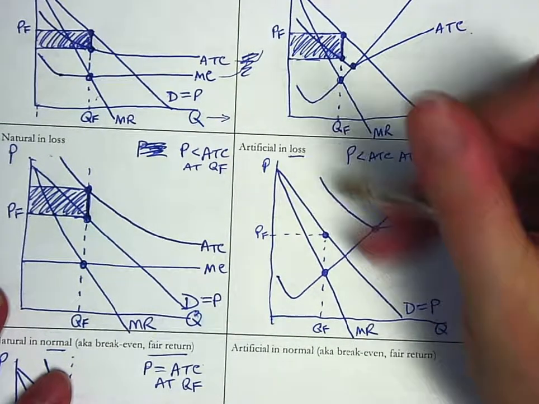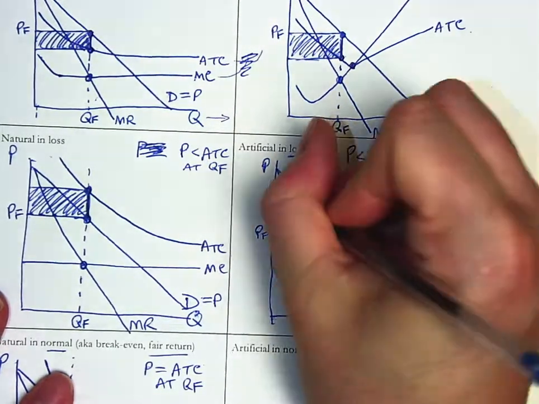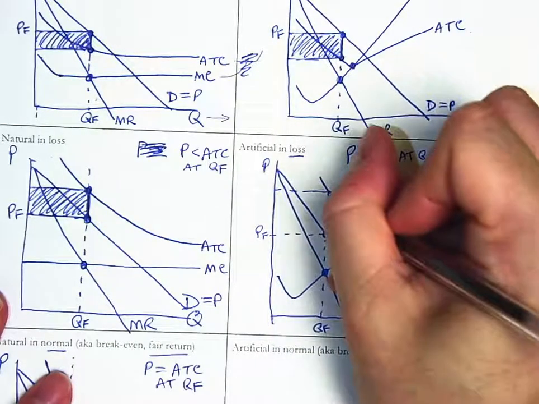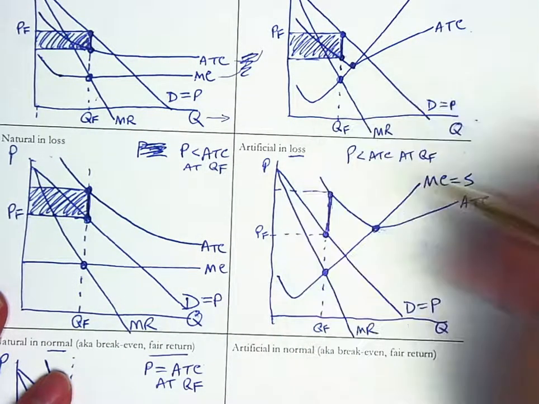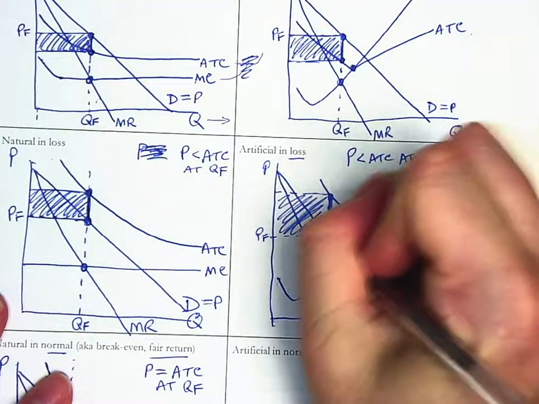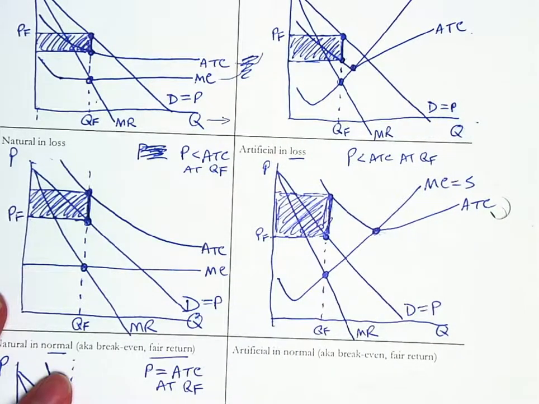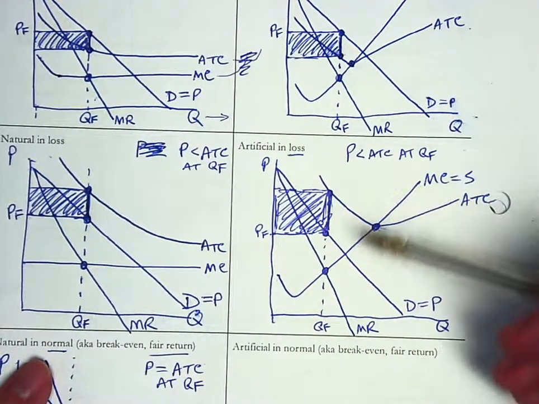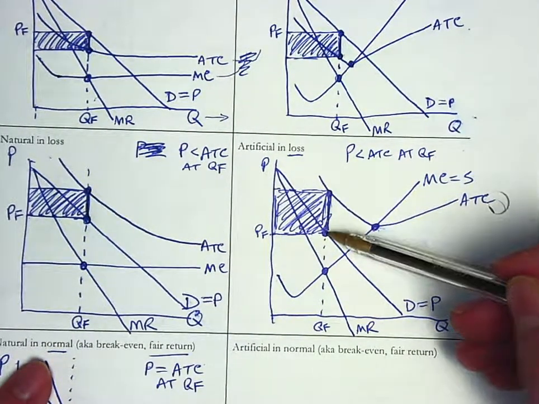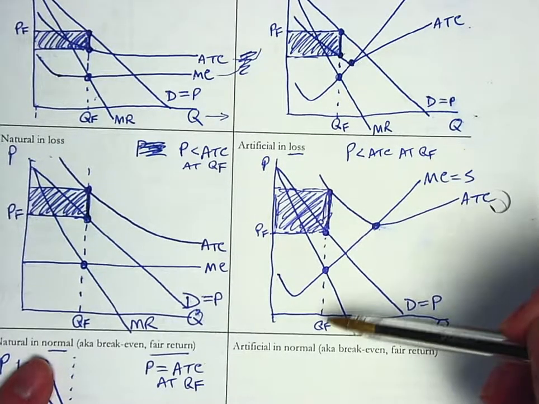Now, at QF, we're going to need to extend all the way up to find the ATC and go over. And that is our loss per unit, the distance between those. And this shaded box is our loss rectangle. So again, we're just comparing the price here to the ATC up here at QF.